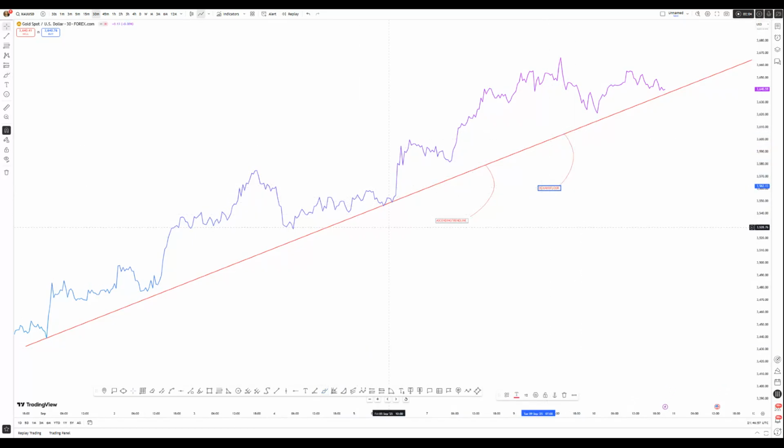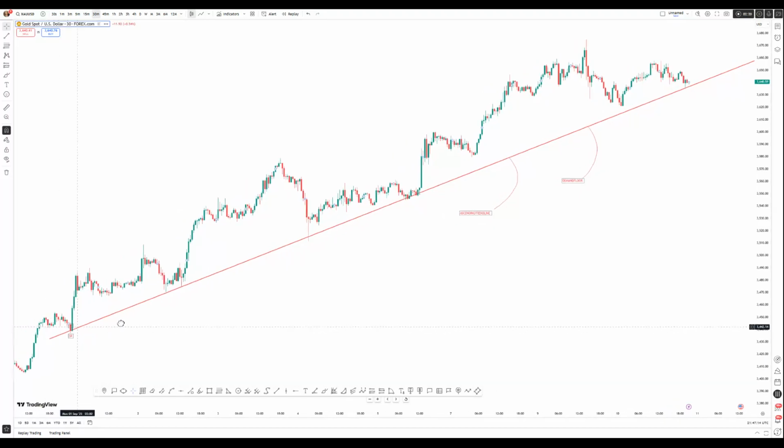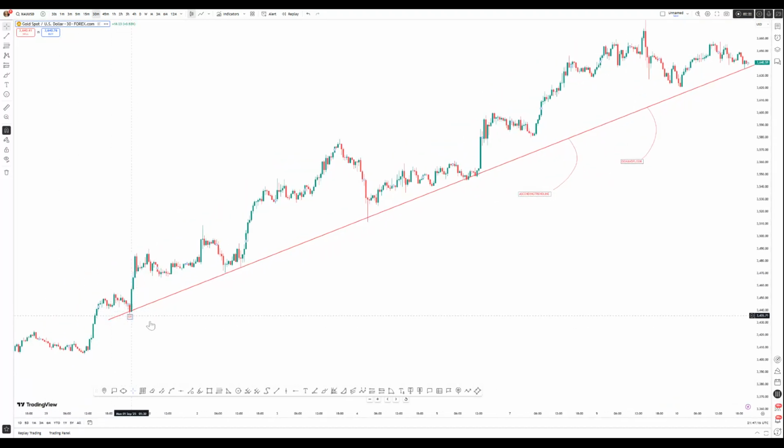So if you look at what price has done here, it's evident. We have here as SR support become resistance on breakout structure. Support become resistance on breakout structure.